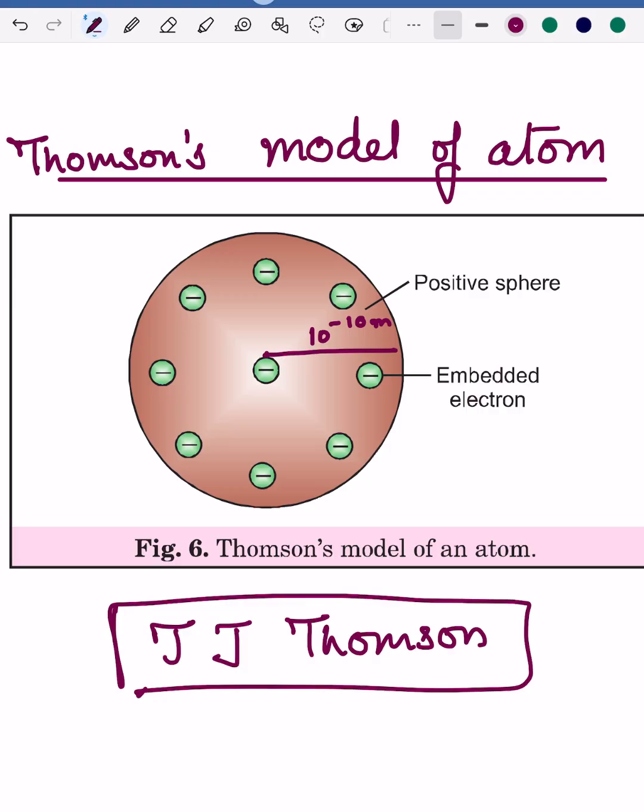Okay, so although this model is not able to correctly explain the structure of atom, but this is the very first model that we study, that J.J. Thomson gave regarding the placement of the positive charge and the negative charge.